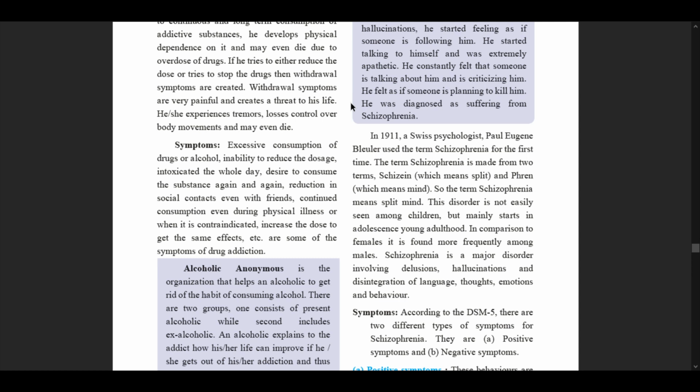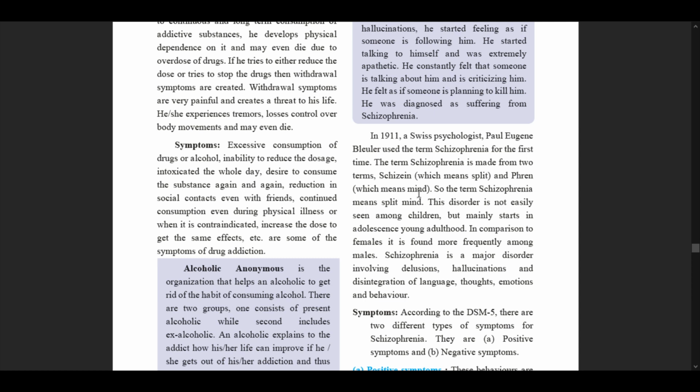So from here we understand that this disorder is not easily seen in children below the age of adolescence or young adulthood, but as they grow up, it is seen more in males as compared to females.